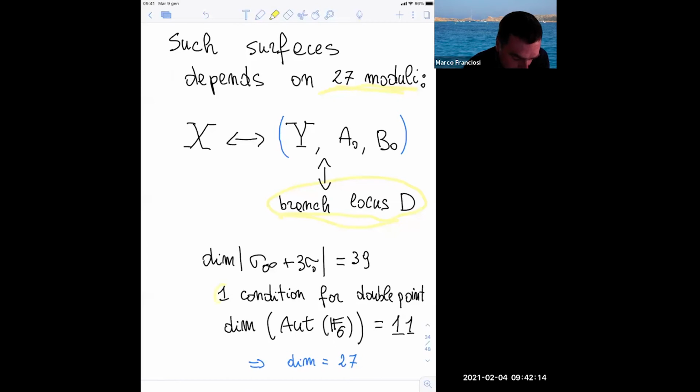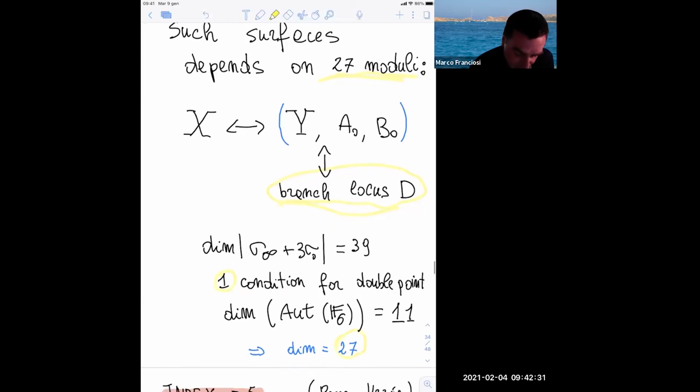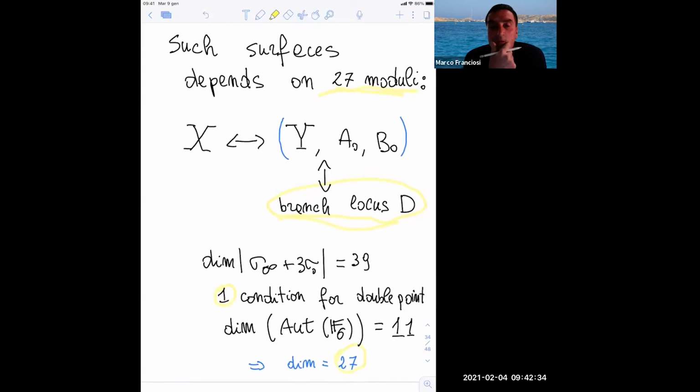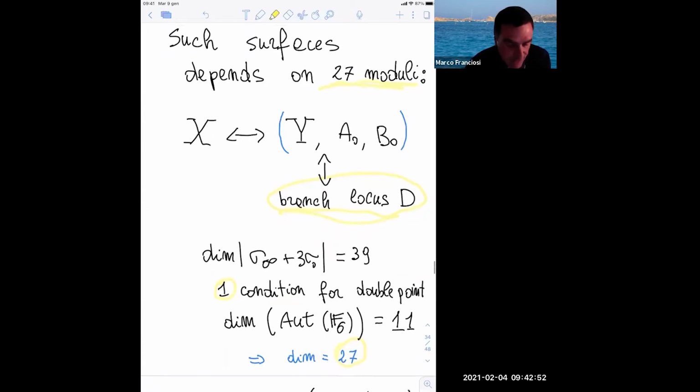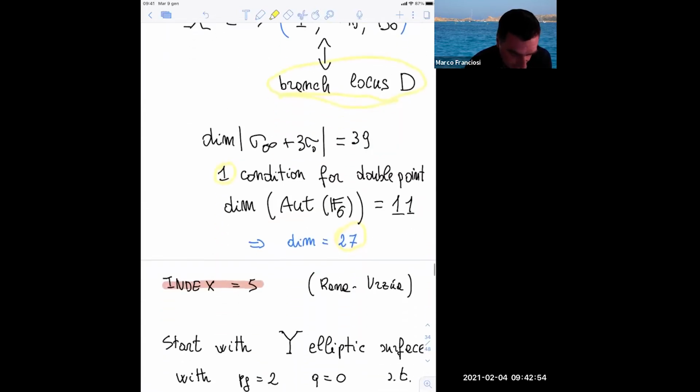We have one condition for the double point, and we have the dimension of the automorphisms of F6, which is 11. So counting parameters, we obtain 27, which means exactly that we have a divisor. We have no idea of what such a divisor looks like. We simply counted dimension. So maybe people who are experts in knot theory may have a look and see what happens in deeper detail.